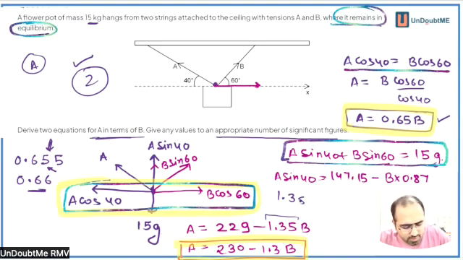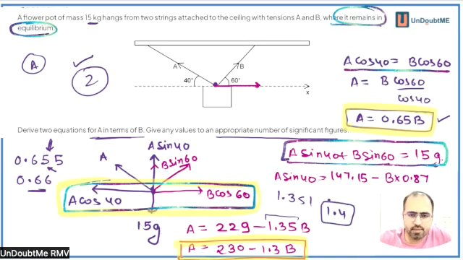Similarly, if this had been even 1.351, then up to two significant figures we can write it as 1.4, because it is on the other side of 350. 350 is the mid value. Before 350, it will be 3 only, and after 350, it will be 4. So that is why it is written as 1.3.